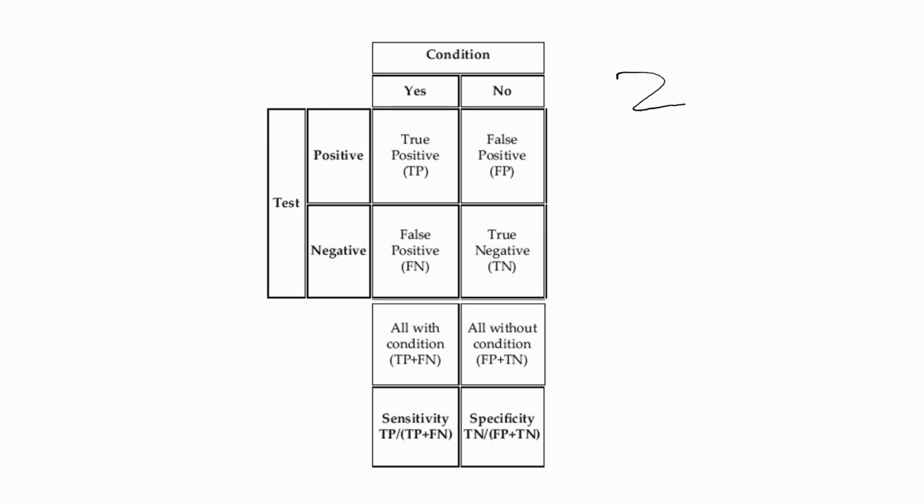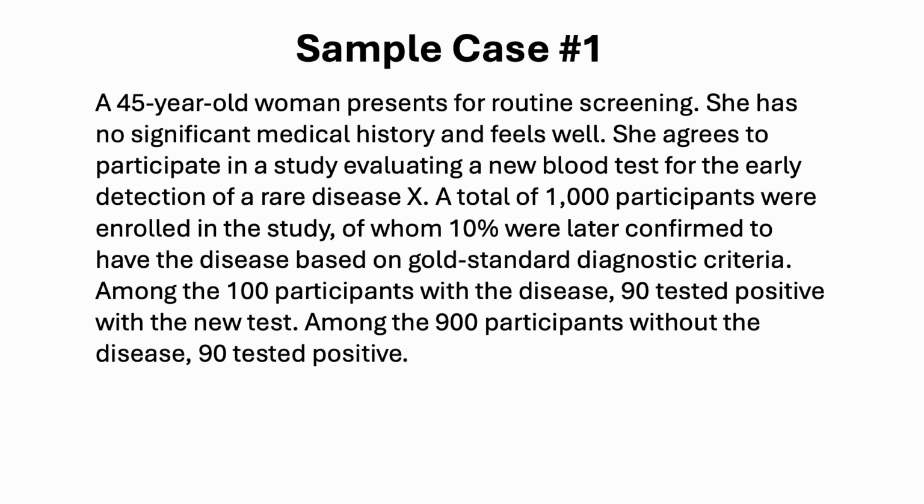Before we get into our example, we'll look at our 2x2 table again. And like I talked about, you can calculate the sensitivity and specificity using the columns of the table. So let's do a quick sample case.